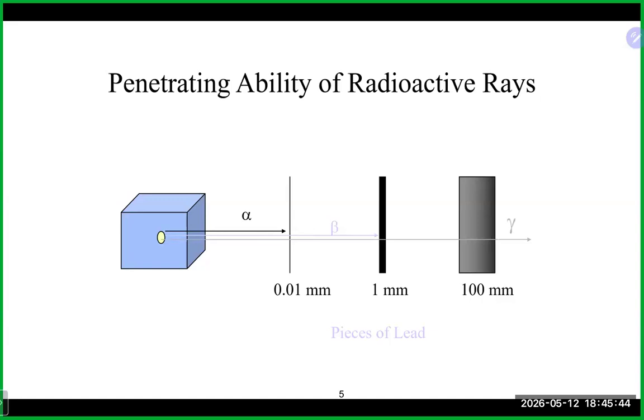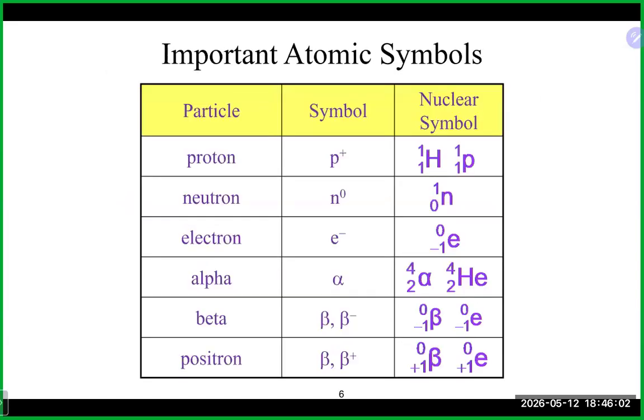So if you ever work with anything that is radioactive, you should always find out what type of emitter it is, and that should usually dictate what type of safety equipment you need. Sometimes all you need is gloves, and sometimes you need gloves, lab coat, distance, and a lot of lead and barriers between you and whatever's emitting. Here are a few other symbols in case you didn't like the first ones that we looked at.